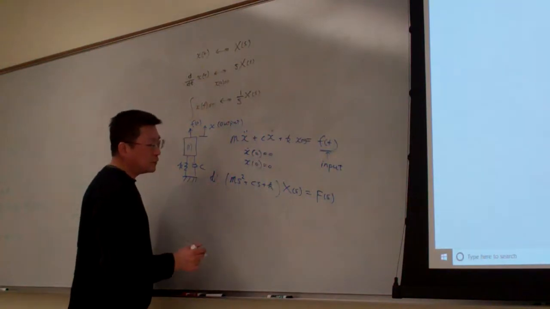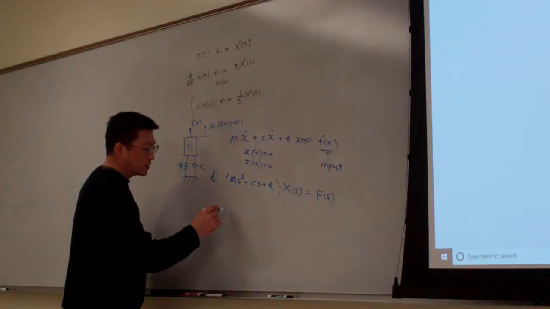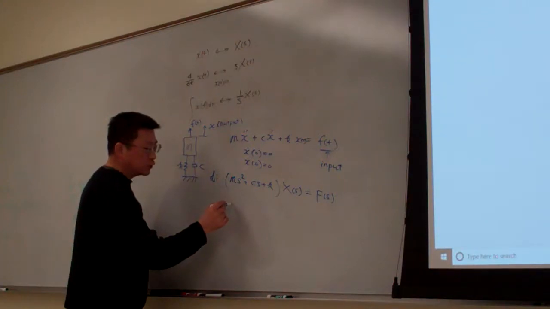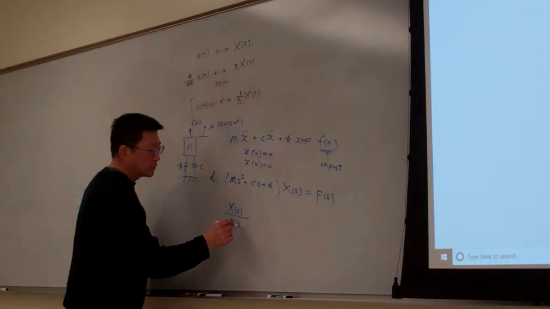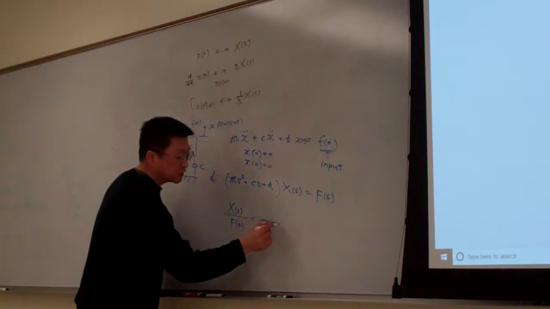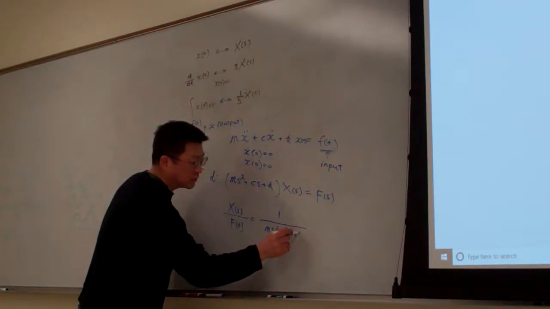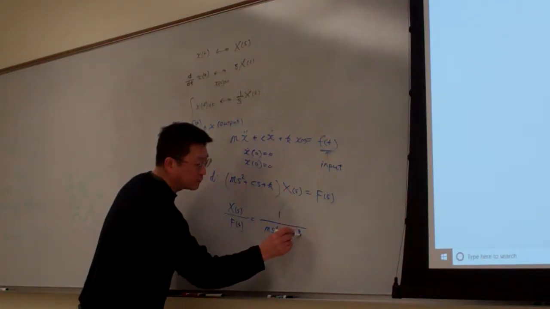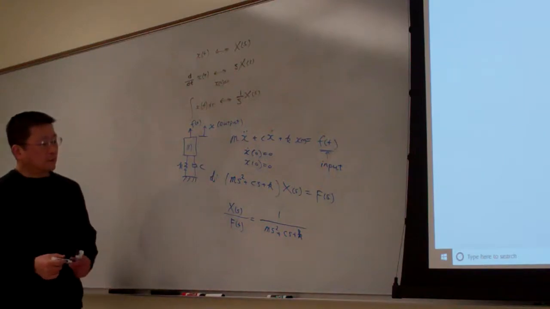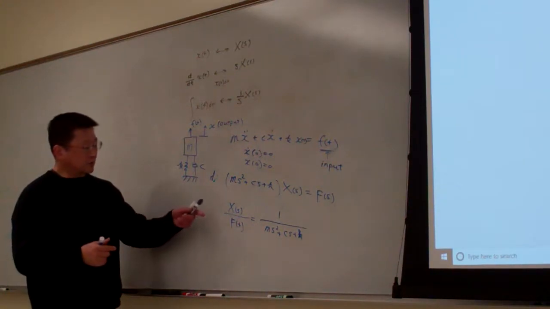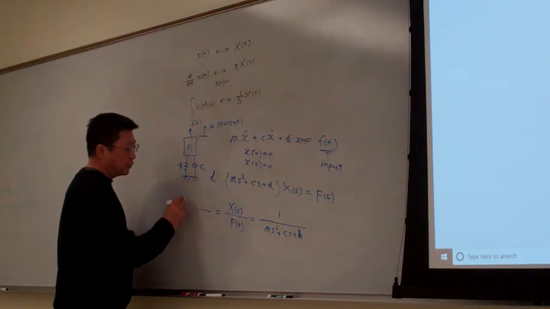From here we get the transfer function, the ratio between the output and the input, which for this mechanical system is 1 over ms squared plus cs plus k.